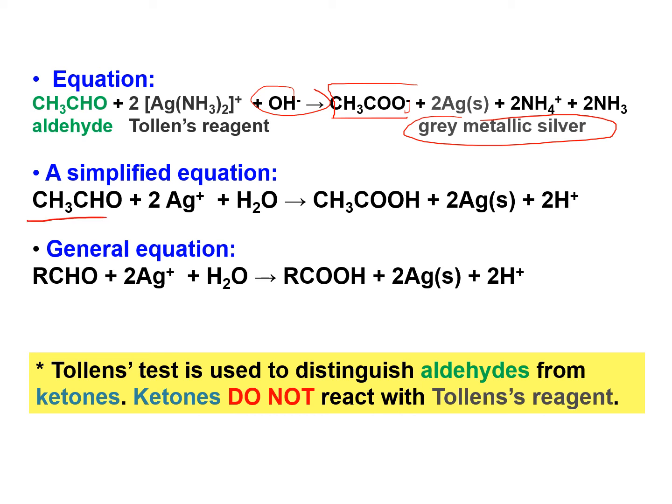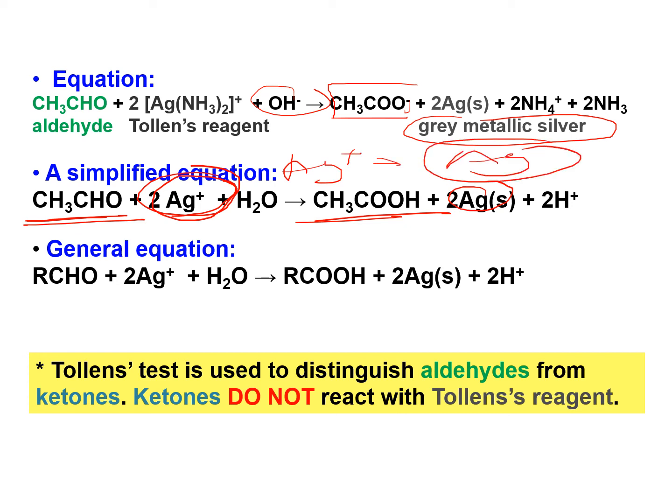So you have aldehyde reacting with Ag+. Ag+ is the Tollens reagent, in water H2O. What is going to happen? The aldehyde will be oxidized to form carboxylic acid here, plus Ag. From Ag+ it will be reduced to Ag. So the Ag becomes gray metallic silver, plus H+.